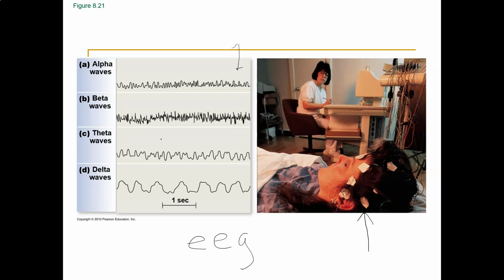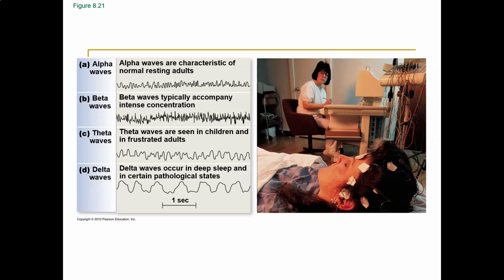But one more thing I want to say about this first is that this is a kind of crude measurement in that you're not measuring electrical activity from a given neuron in the brain. This is more of a global, collective brainwave activity. So here are the states that they're associated with.